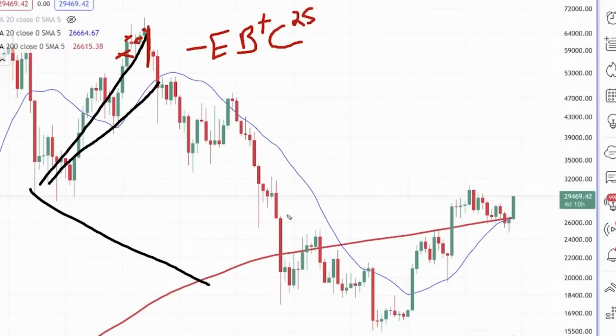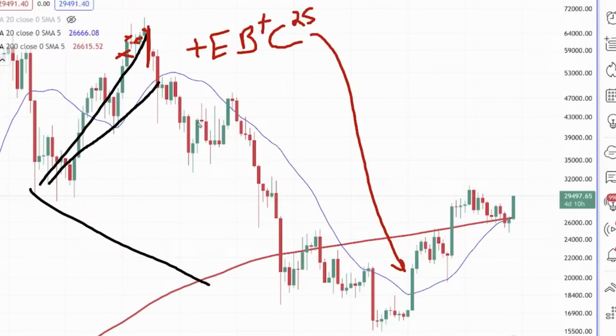Wow. Bear elephant bar plus clearing from dual space. Wow. It's another powerful combination. Here you have a bull elephant bar plus clearing from dual space.